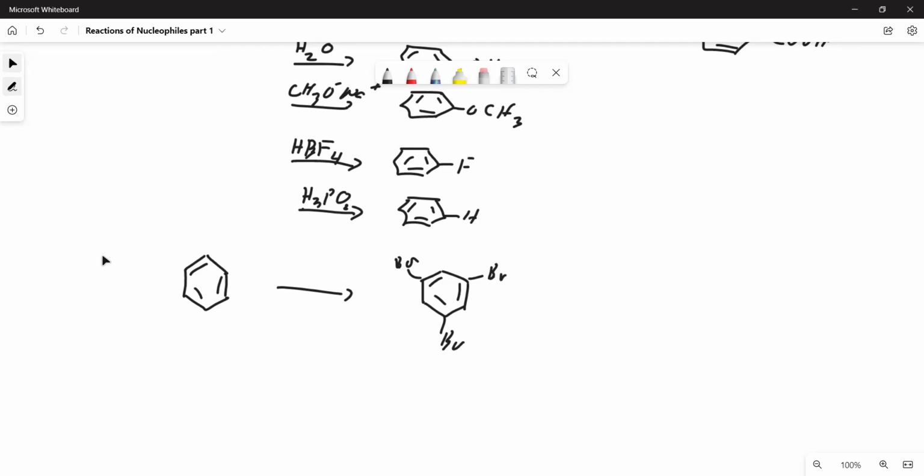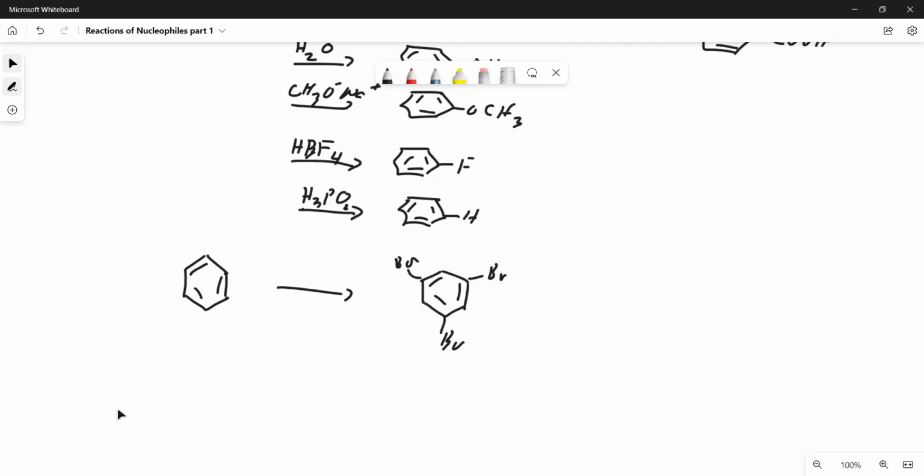So if you attach one bromine by electrophilic aromatic substitution, the next bromine should be at the ortho and para positions because they are ortho-para directors in electrophilic aromatic substitution. So you will not end up with bromine at the meta positions. So how can we synthesize this?